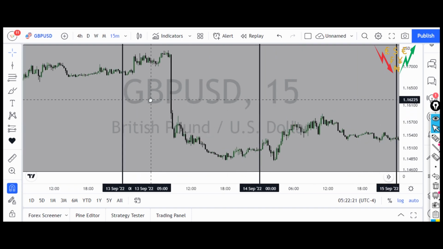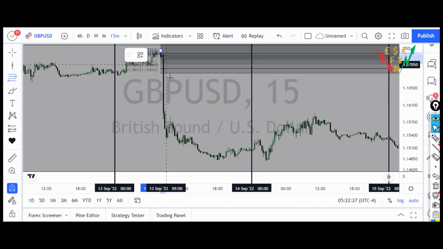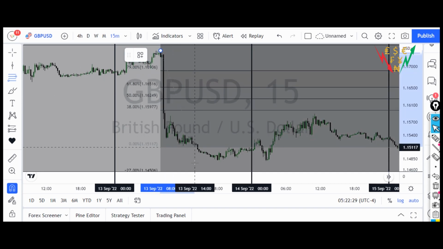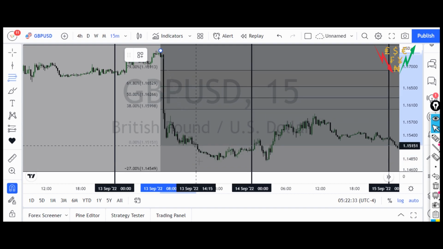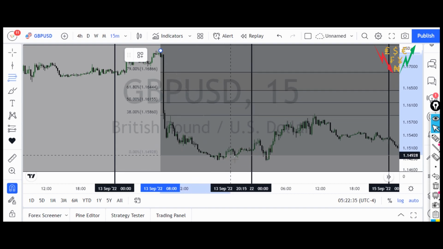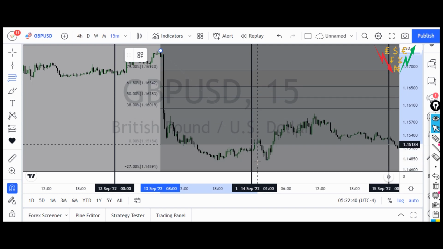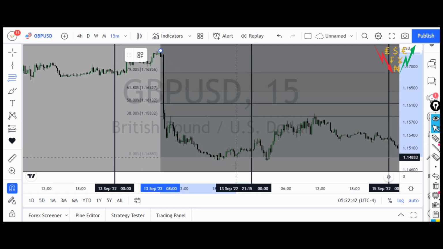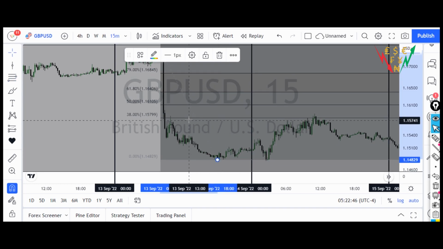So here's what I do in this kind of case, guys. I use my Fibonacci tool to mark from the high of this day to the low of the day this time around. May not be that perfect, but okay.